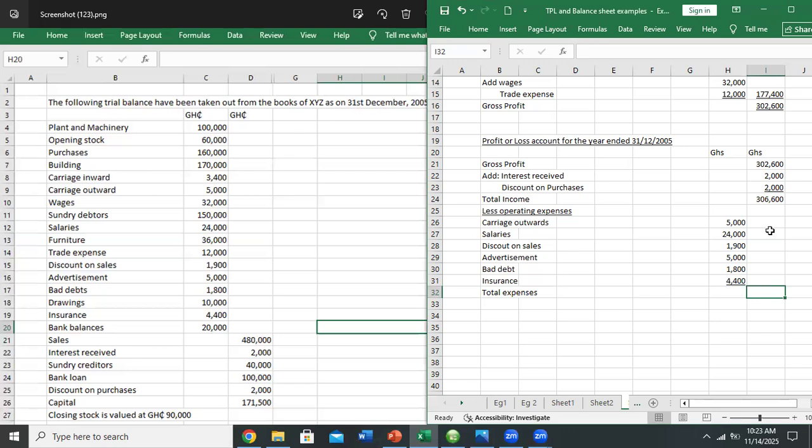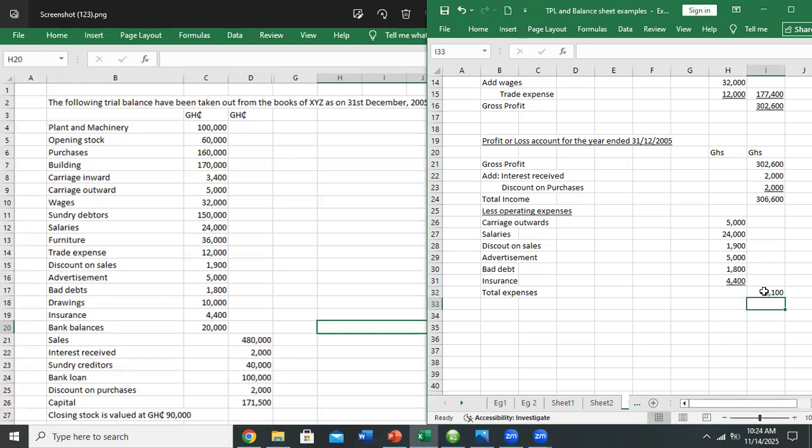Please, we are getting 264,500. Portia, what type of calculator are you using? Look at the expenses. We are getting 42,100. Please listen.